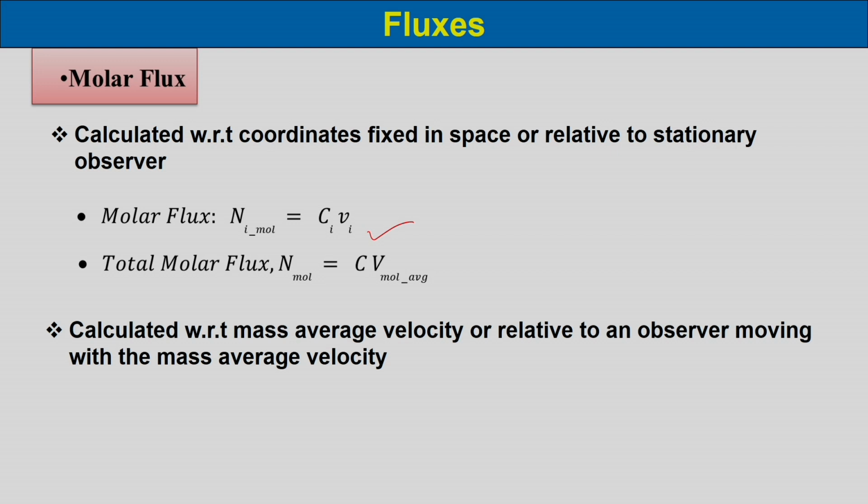This also can be calculated relative to an observer moving with the molar average velocity, that is j_i mole = C_i (v_i minus v molar average velocity).